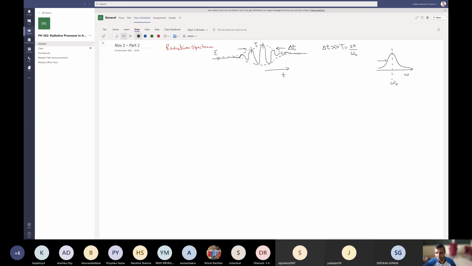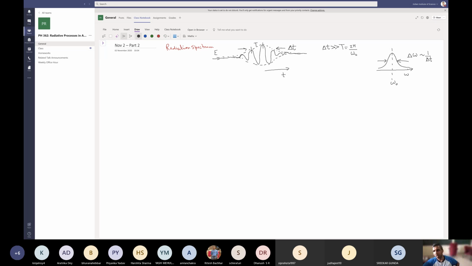But there is also spread in the energy spectrum of this wave, which we call delta omega. And this delta omega corresponds to this delta t. It is of order 1 by delta t, right?